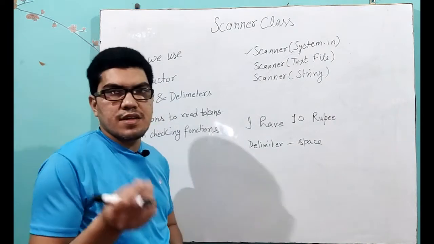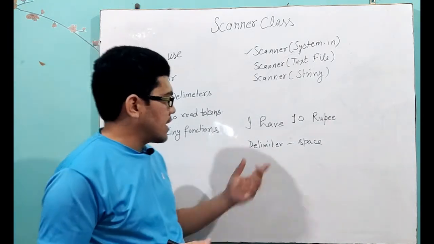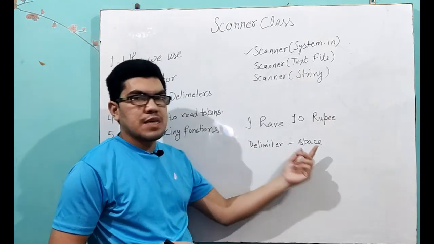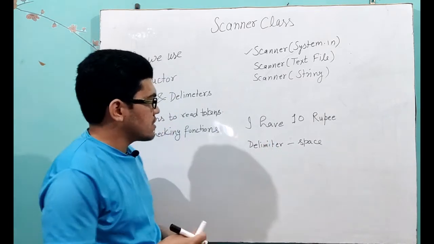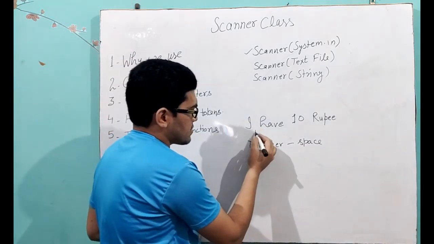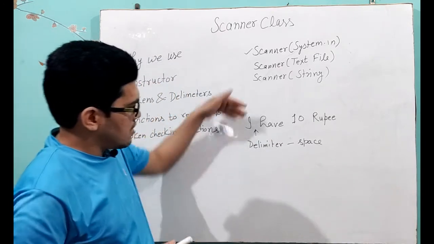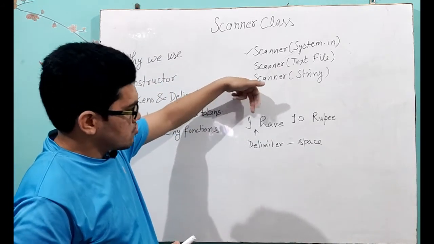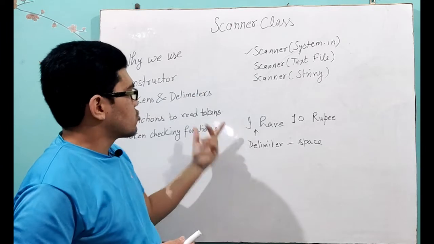A delimiter is what? It is used to separate the tokens. So the delimiter's work is to separate the tokens. So here you can see a space is there, so it will separate the tokens.